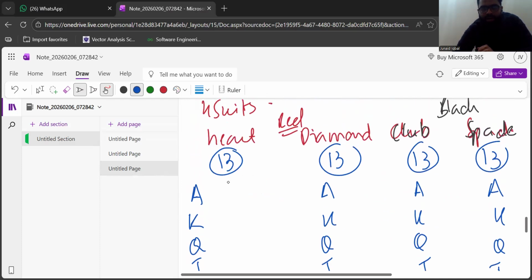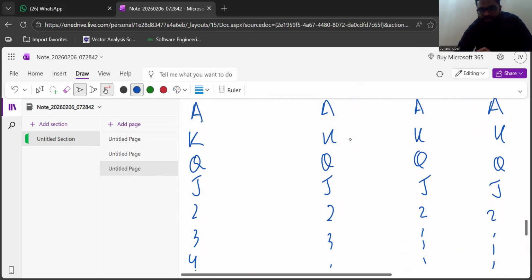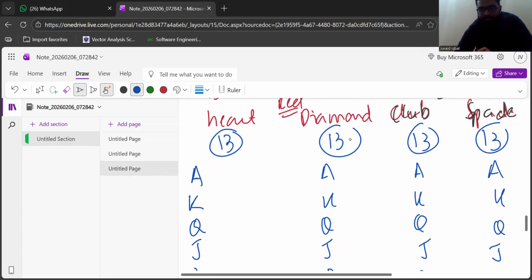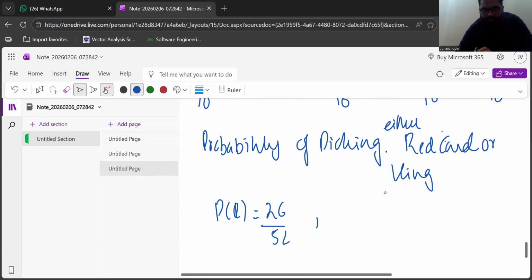If I talk about red cards, red is heart and red is diamond, so we have 13 plus 13, which is 26. The probability of having a red card is 26 over 52. And the probability of a king overall is 4 upon 52.